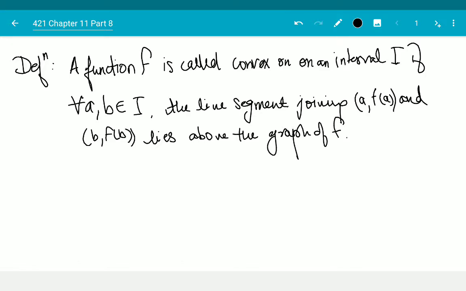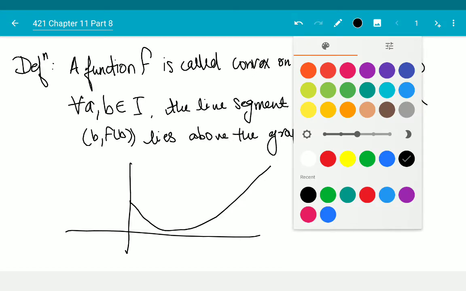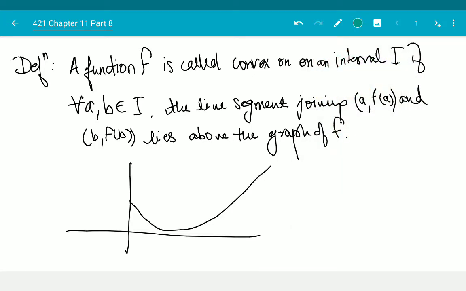Okay. Now, you might think that this definition is not very mathematical in a way. What does "lies above the graph of f" mean? On a picture we can see this. This is my graph of f of x.